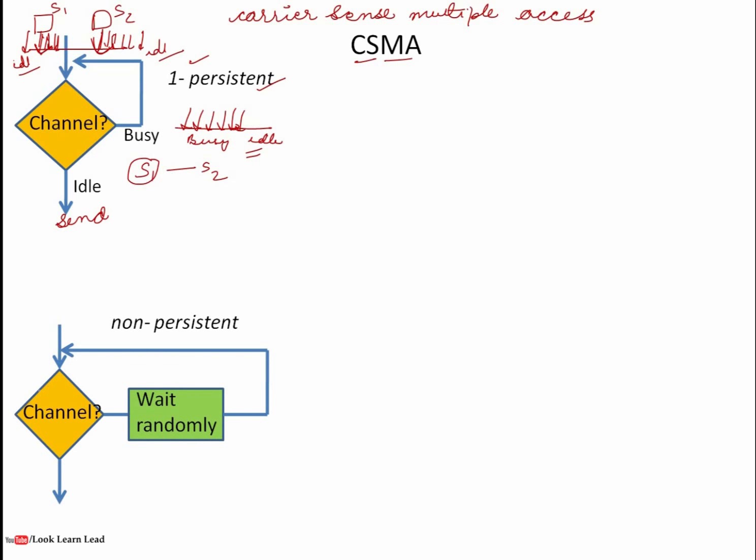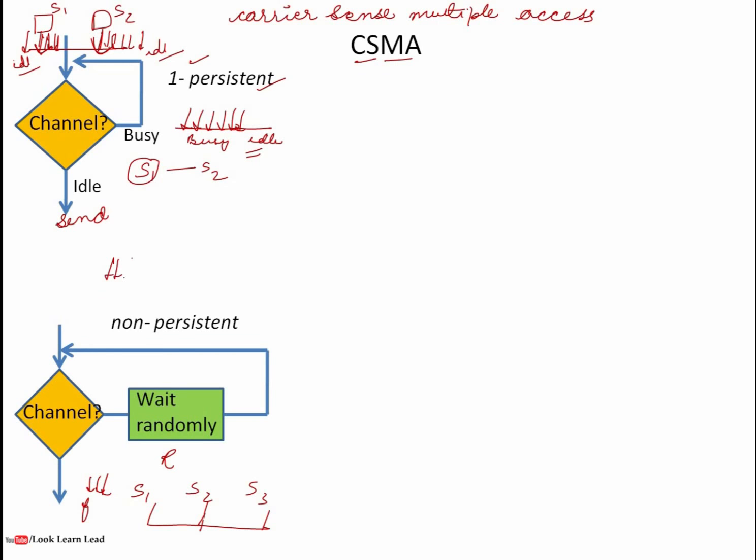Now the next is non-persistent. In this, S1 would wait for a random amount of time. Suppose there are two stations, S1 and S2. S1 wants to send something, it has a frame to send. Even S2 has a frame to send. So S1 would wait for a random amount of time. It is better than one persistent, but here also a collision can happen.